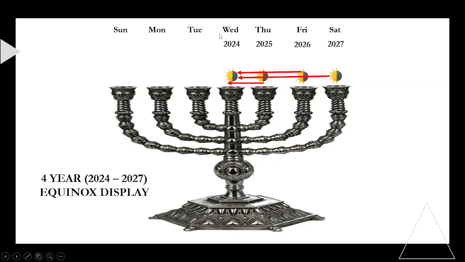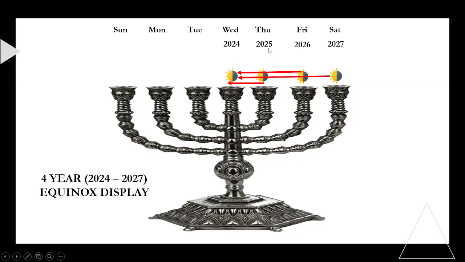Now, of course, it wasn't called Wednesday, but it was called day one, day two, day three, day four, day five, day six, and then the Sabbath, the day of rest. Okay, so the sun comes in through the fourth day on the day of its creation, right?